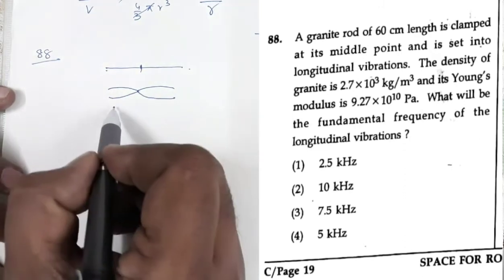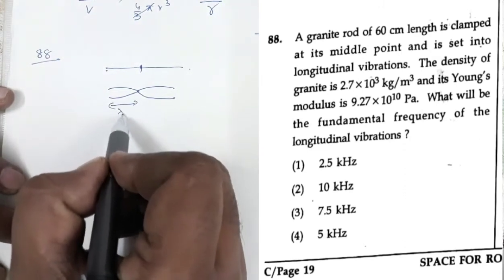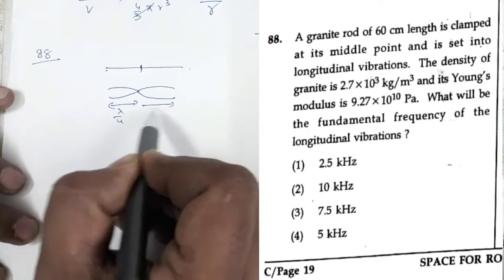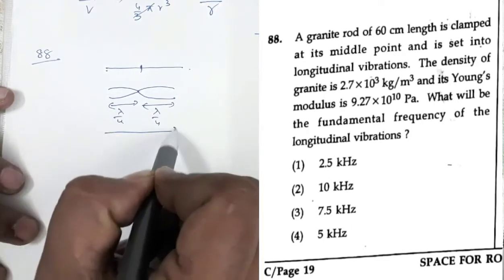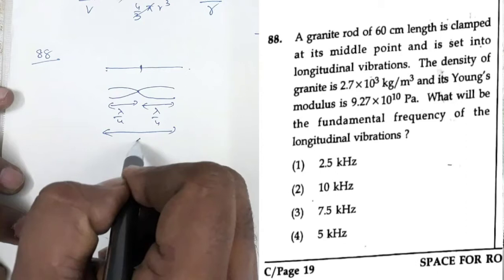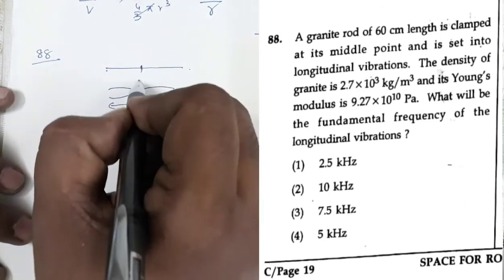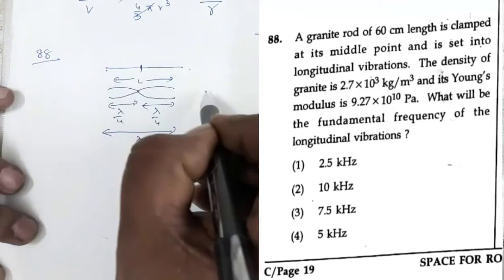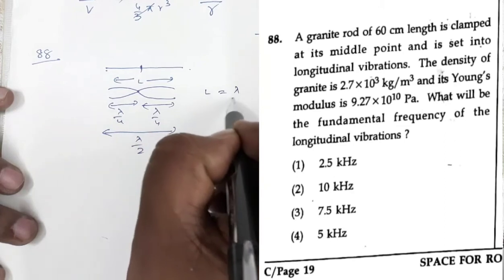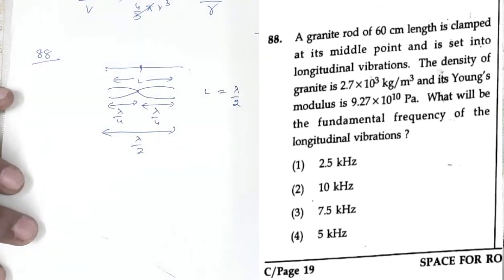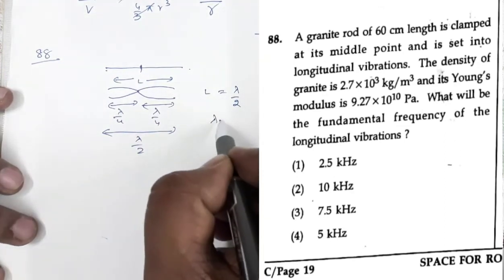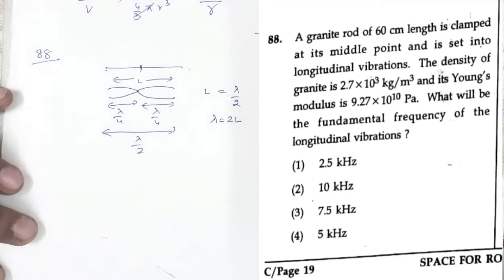This distance is lambda by 4, this distance is lambda by 4, so the entire distance in terms of wavelength is lambda by 2 and L is the length of the rod, so L is equal to lambda by 2, or lambda is equal to twice L.